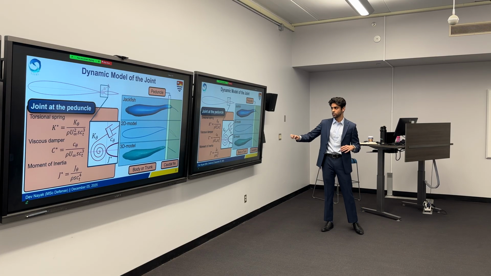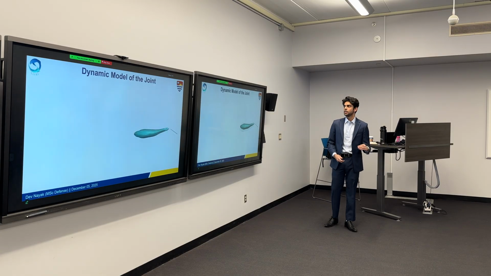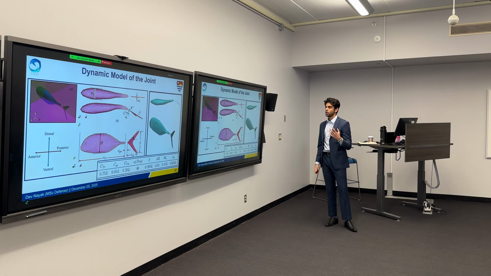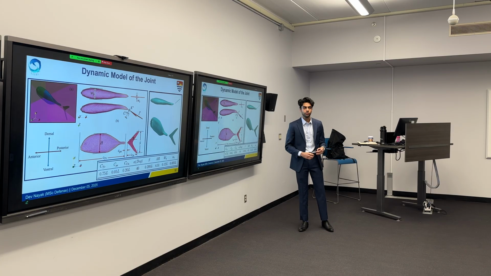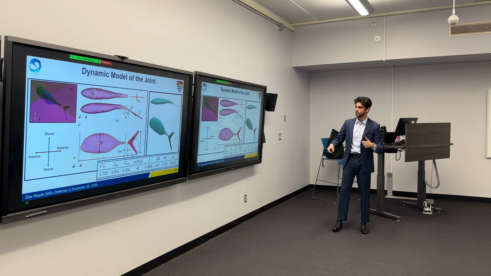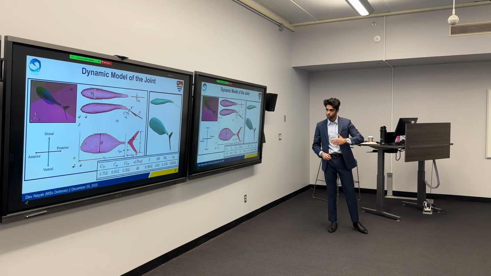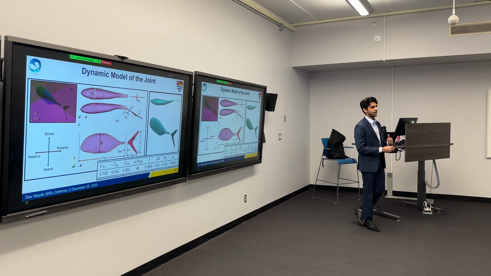And we have the normalized components of the stiffness, viscous damper, and the inertia. Now, when we look at the dynamic model in 3D, the spring is placed in a way that the caudal fin can pitch freely about its y-axis, or we can see from the dorsal view that it just moves from the top. And the other pitching axes, we are just constraining out of the equation.